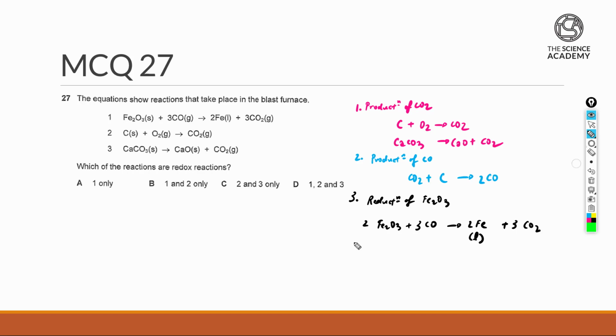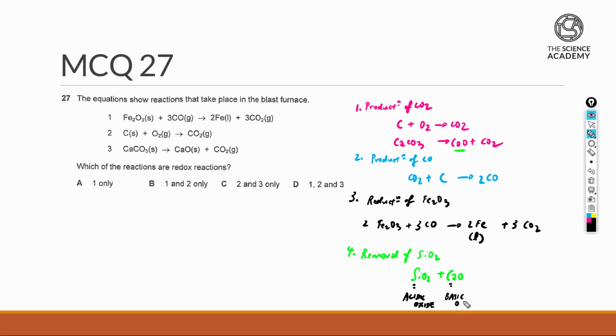The last step here is an impurity removal process. We're going to remove the sand that is found inside your hematite. So silicon dioxide here will react with the calcium oxide that came from the first step. Silicon is a group 4 element, so its oxide is considered an acidic oxide, whereas calcium is a group 2 element, so its oxide is considered a basic oxide.